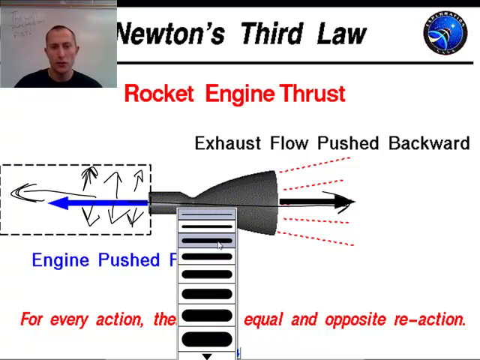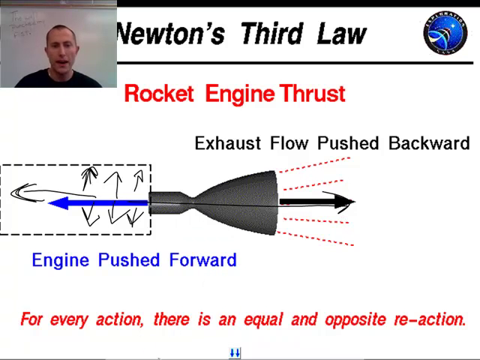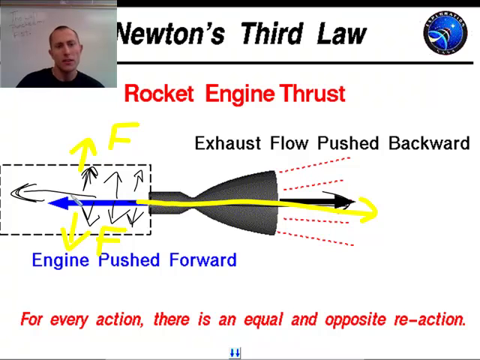Now you'll notice that the ones that are coming out the back are just traveling straight out the back into the environment. They're not hitting anything. So that means that there's some net force acting in this direction, some net force acting down in this direction, some net force acting in this direction. So the molecules are exerting a force forward on the rocket itself.